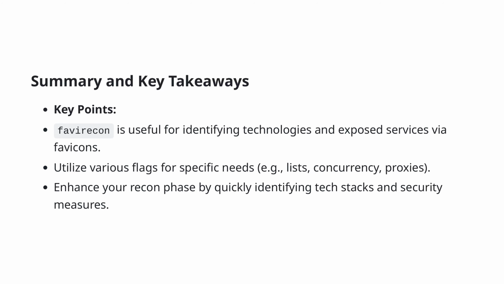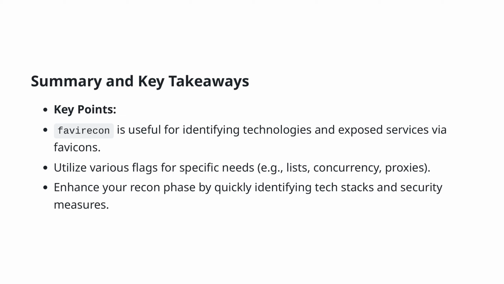In this summary slide, let's distill the essential aspects of using Favirecon for your reconnaissance efforts. First, remember that Favirecon is instrumental in identifying not only exposed services, but also the underlying technologies through favicons. When you run Favirecon on a URL, it helps you detect potential admin panels or other critical endpoints by analyzing their distinct favicons. Make sure to use the various available flags to tailor your scans according to your needs.